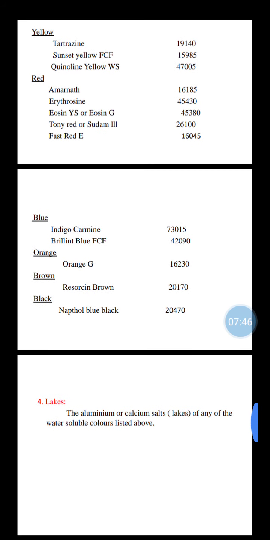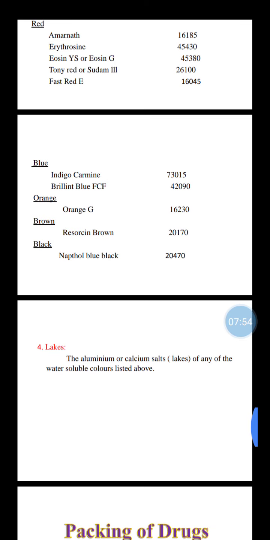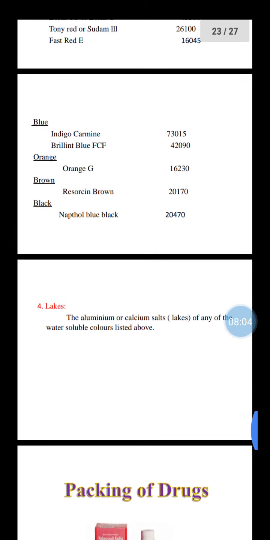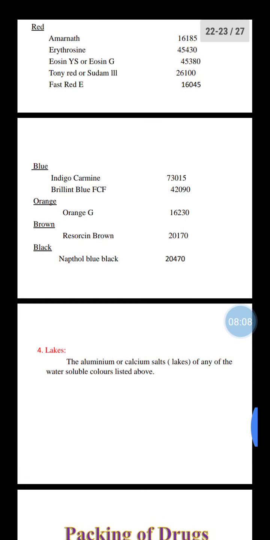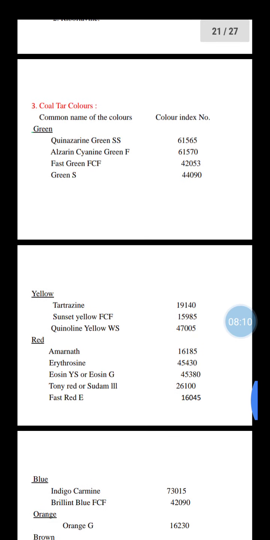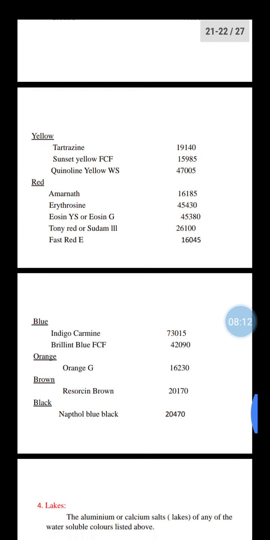In blue: indigo carmine, 73015; brilliant blue FCF, 42090. In orange: orange G, 16230. Brown: resorcinol brown, 20170. Black: naphthol blue black, 20470. So these are the colors used as coal tar colors in formulation.